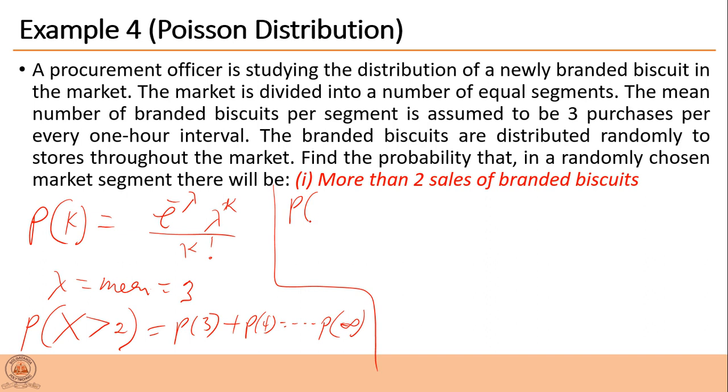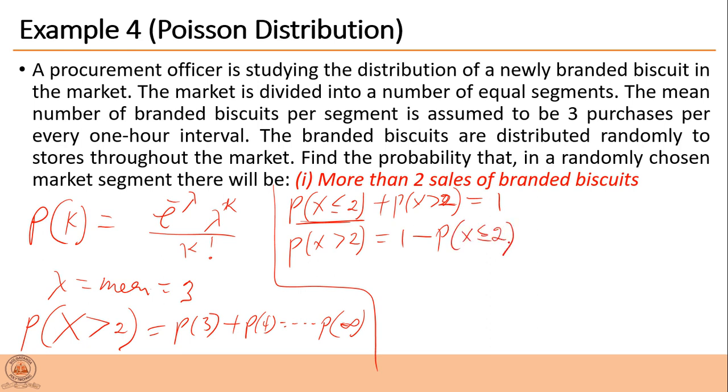So x less than or equal to 2 and x greater than 2 are complementary, and if we add them, the probability is 1. So why don't I find the probability of x less than or equal to 2, so that my probability of x greater than 2 would be obtained from this equation. So this becomes easy.